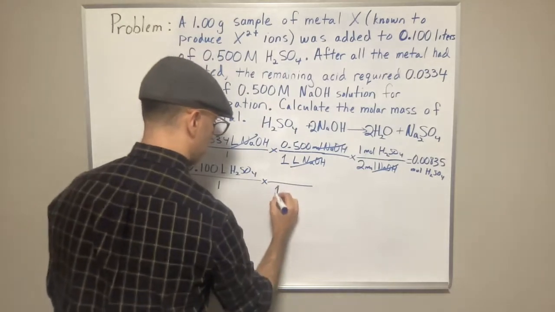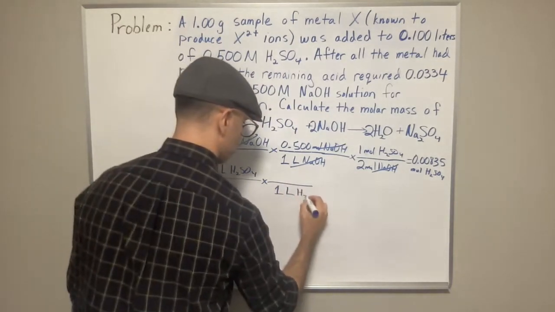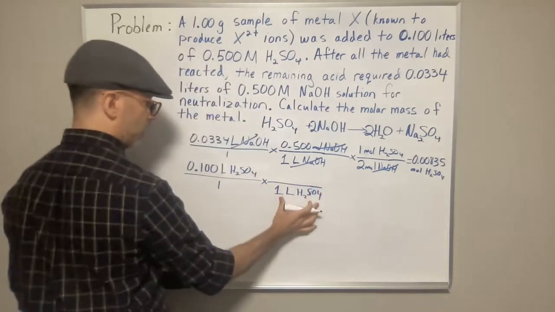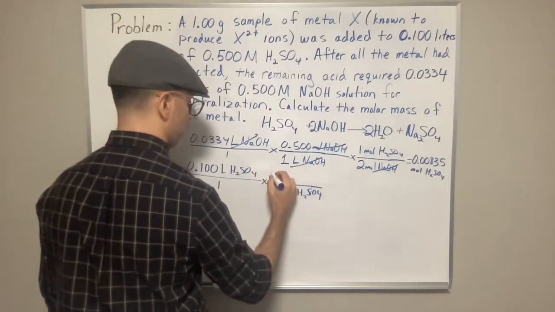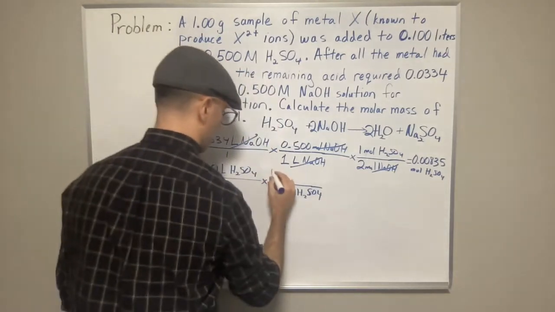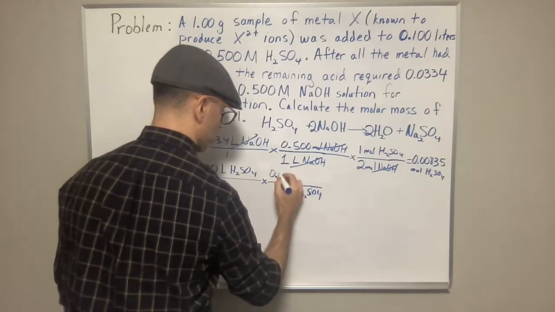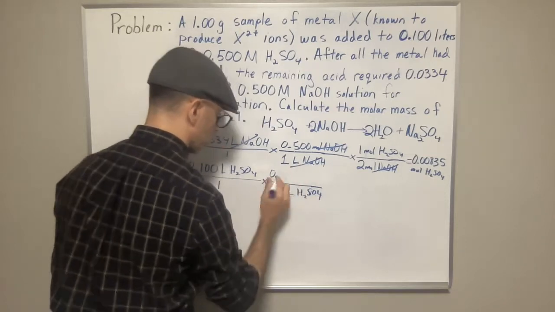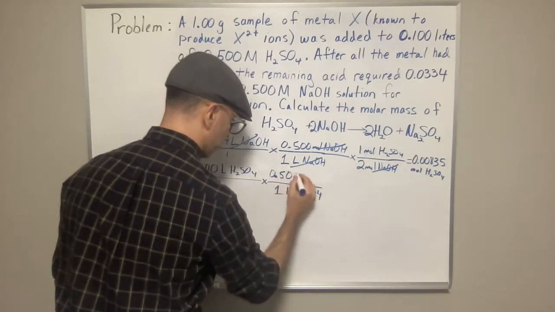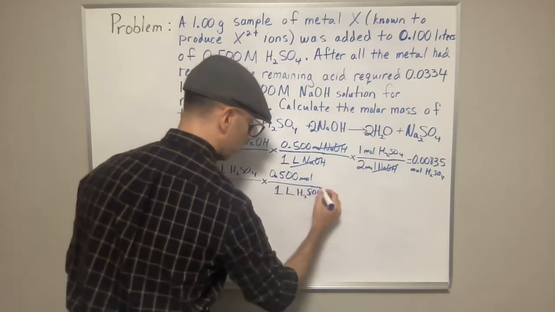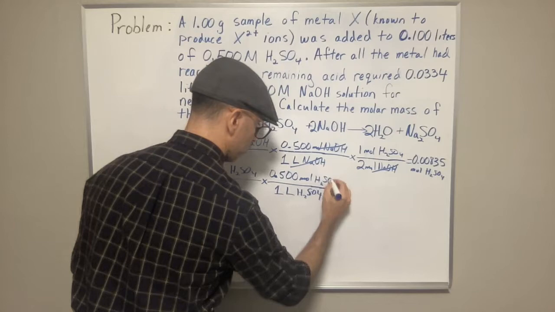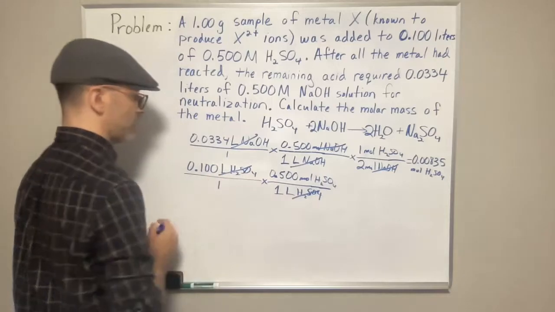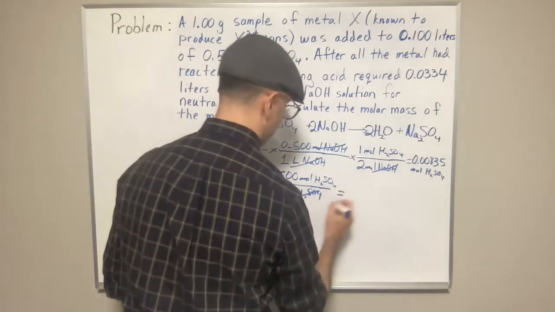That means I have 1 liter of H2SO4 on the bottom, and I'm going to have 0.500 moles on top. So liters cancel out. Now I have moles of H2SO4.